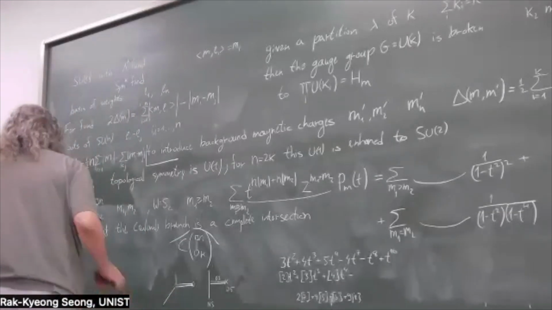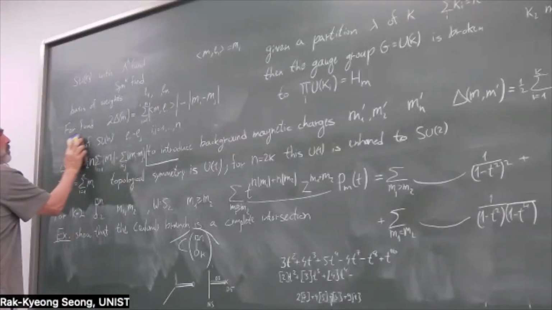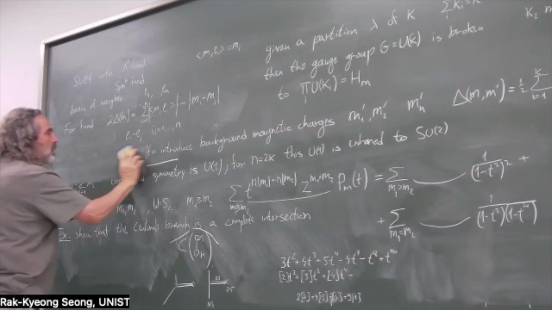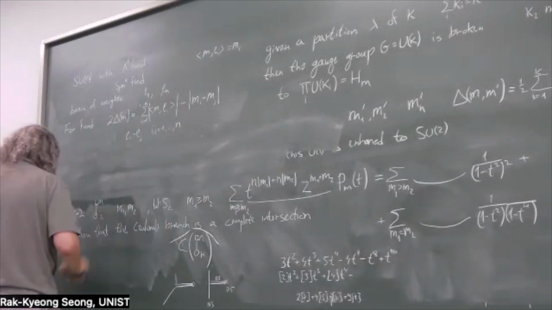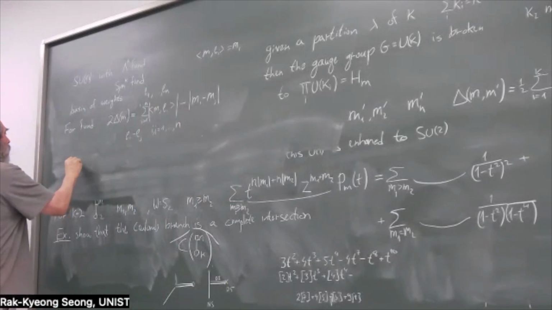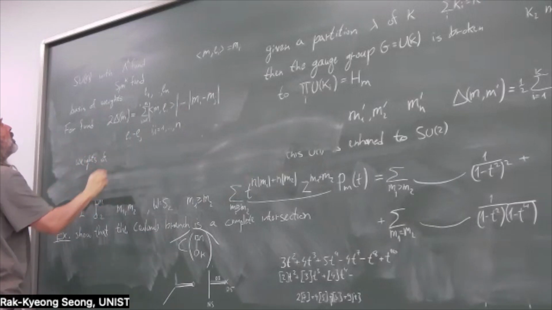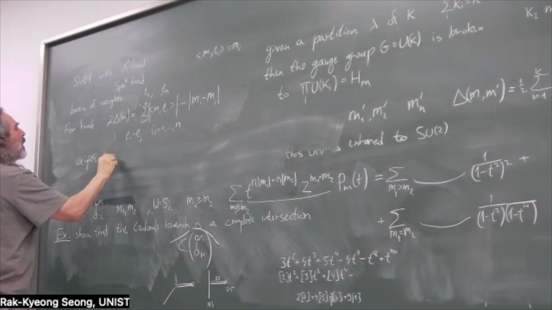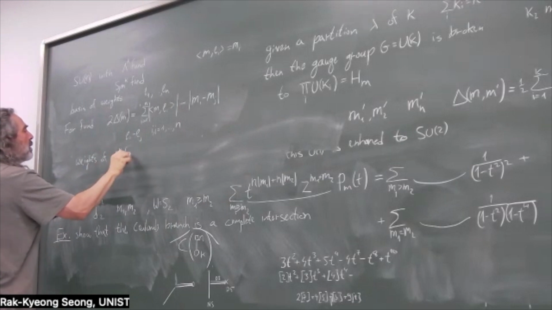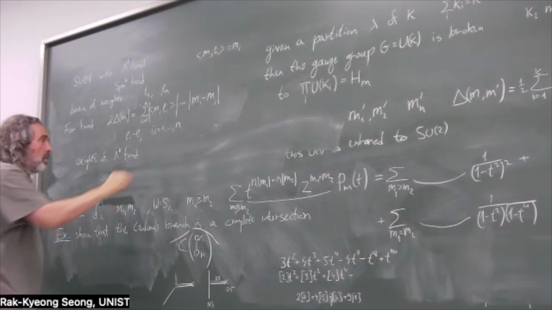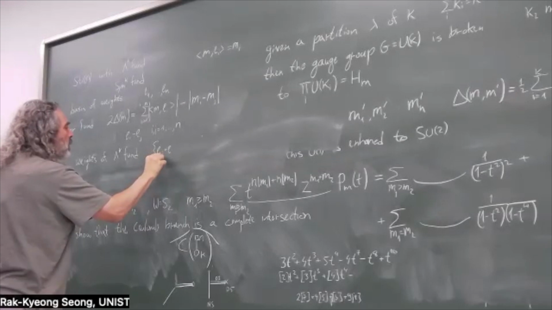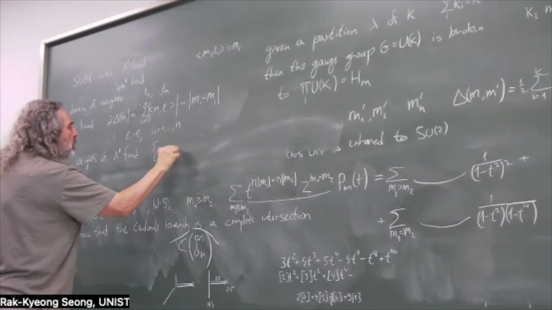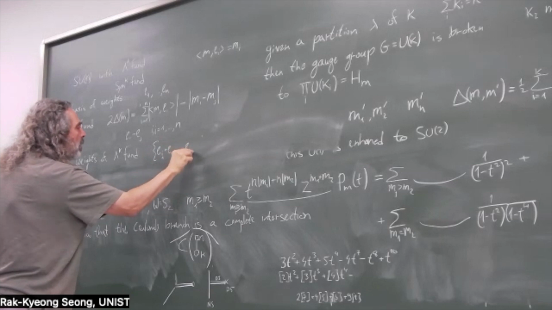So the weights of lambda k fundamental is the set e_i1 plus e_i2 up to e_ik.